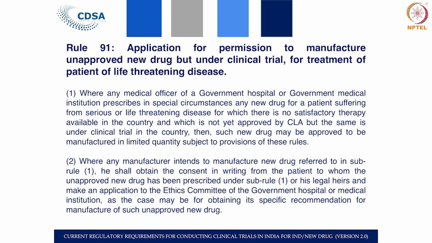One is that there has to be informed consent from the patient or his legal heirs, and also that the government hospital prescriber agrees to treat the patient, as well as the ethics committee of the government institution agrees to this.